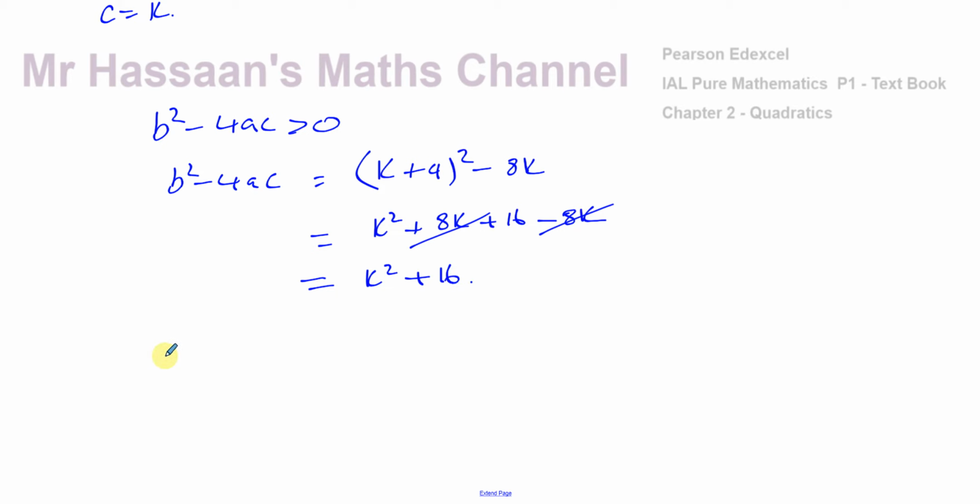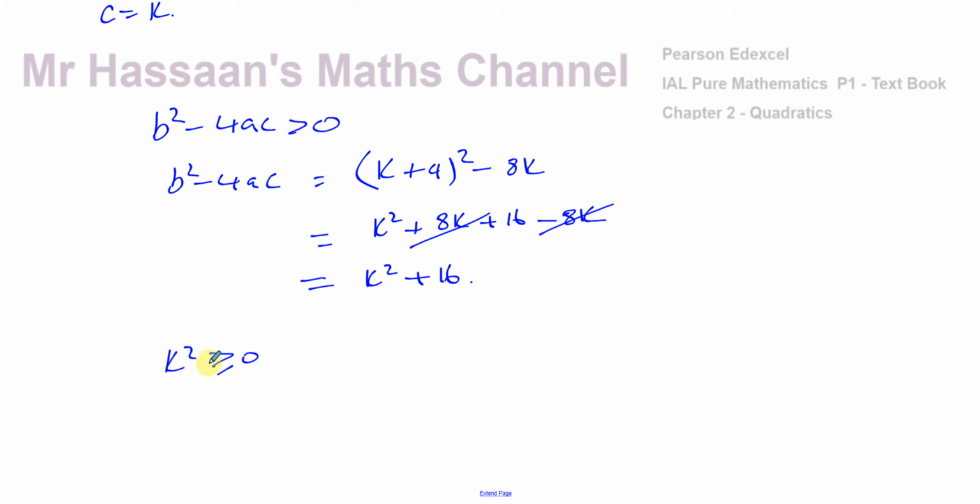I know that k squared is always greater than or equal to 0. No matter what value of k you put in, it's always going to be squared, so if it's a negative value, it becomes positive when you square it. The lowest it's going to be is when k is 0, where k squared is equal to 0.